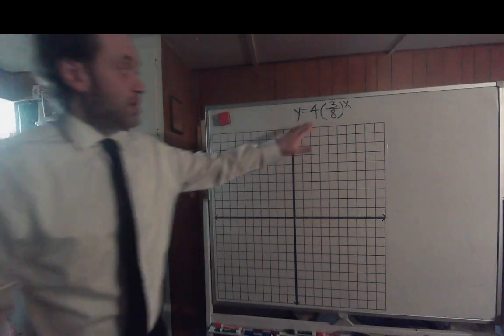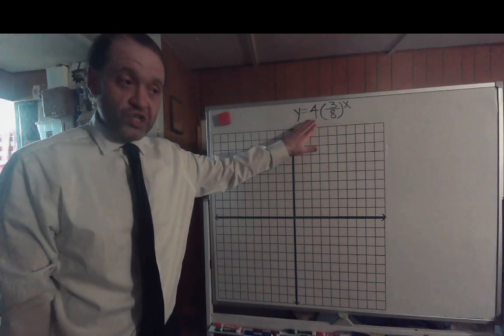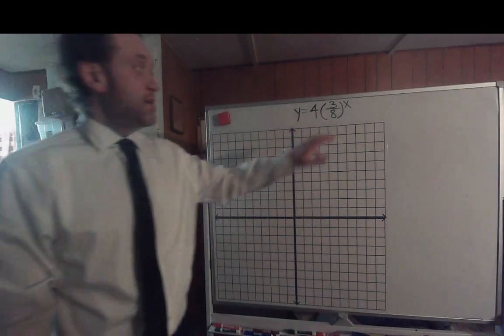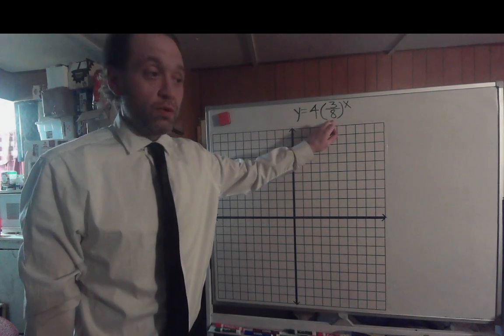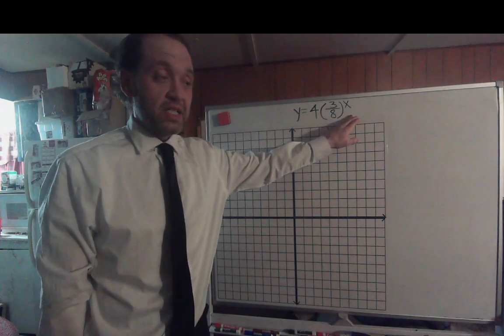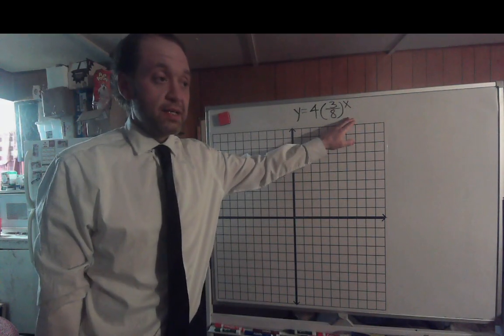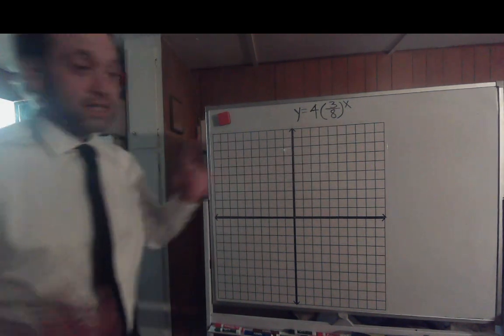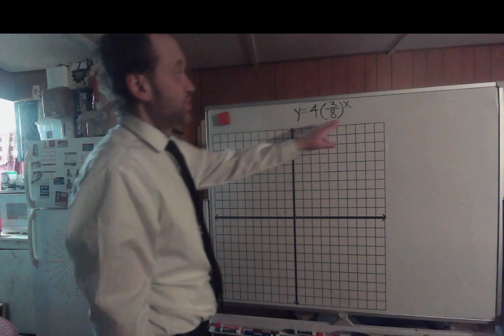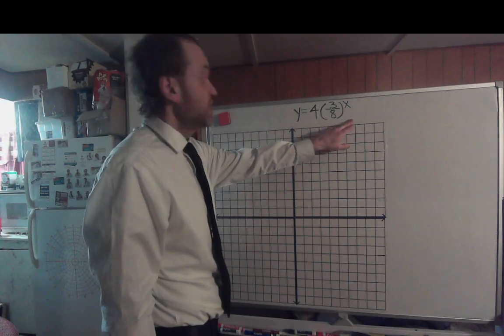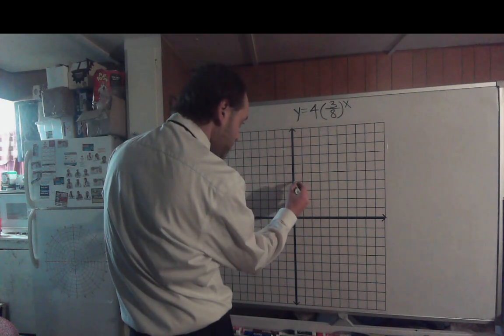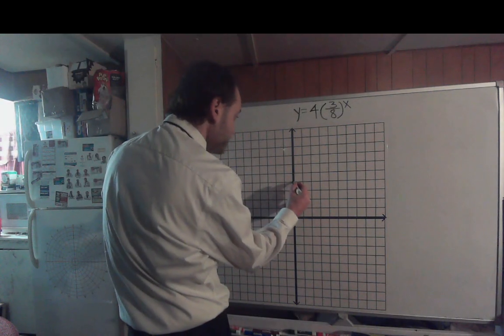So you have a coefficient on the exponential function of 4, but you have the base is less than 1 raised to a positive exponent of positive x. So again, start at x is 0. What is 3/8 to the 0 power? That's just going to be 1 times 4 puts you all the way to 4. So you would have the point (0, 4).